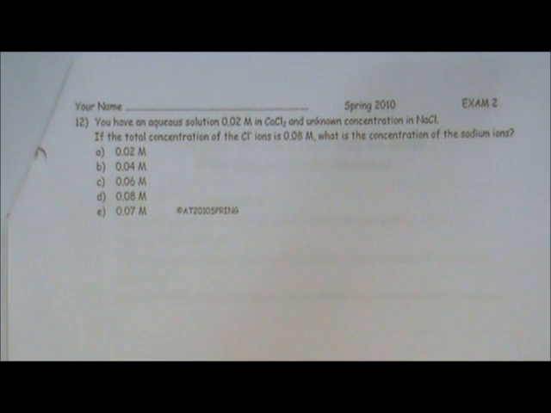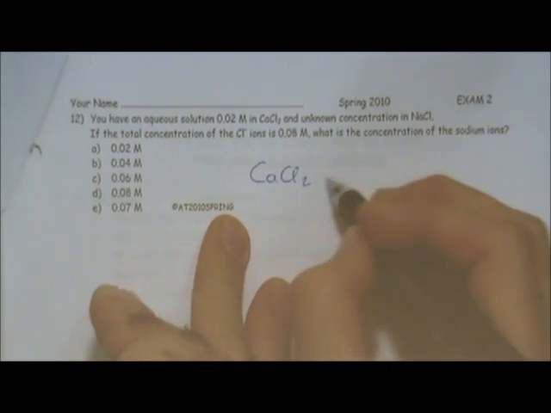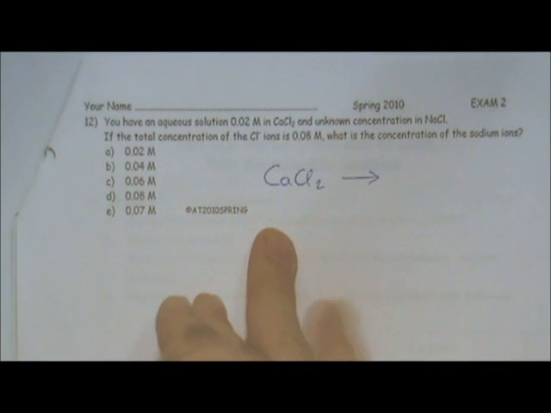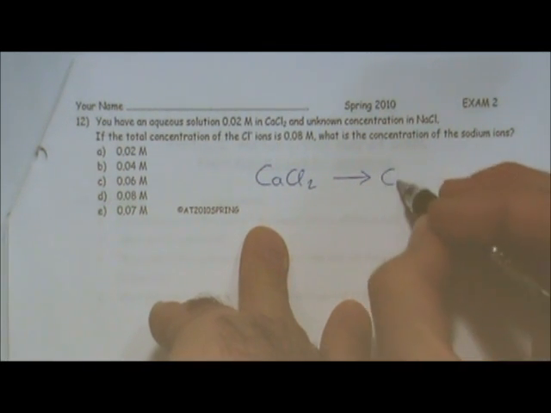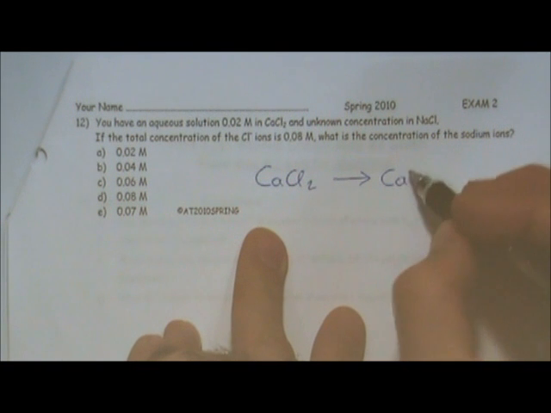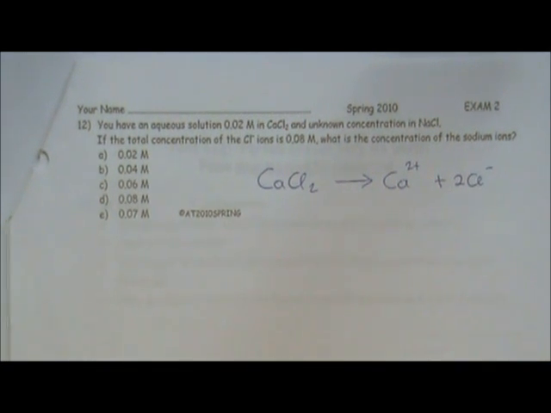Let's see. We have two salts. You're talking about concentration of ions. Well, then let's dissociate them, right? So we have calcium chloride, and when it dissociates, we don't put physical states to make things faster and simpler. It will be calcium 2 plus and 2 Cl minus to be balanced.